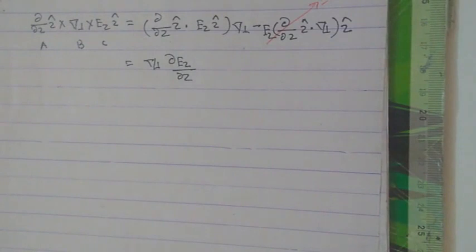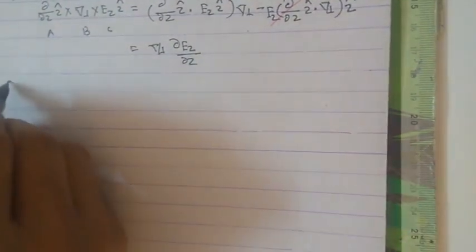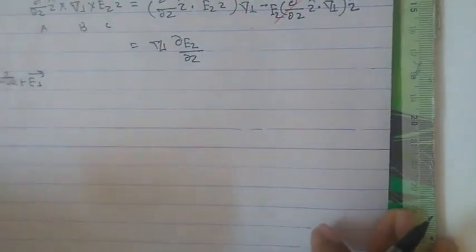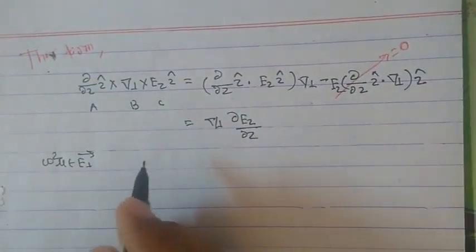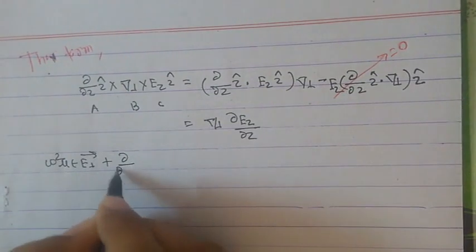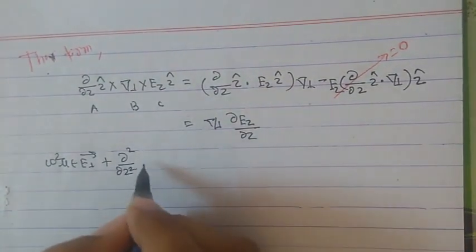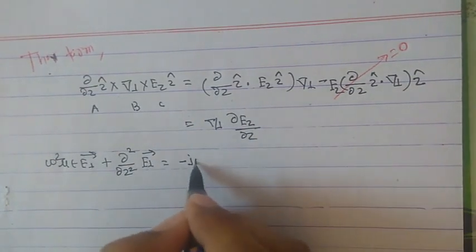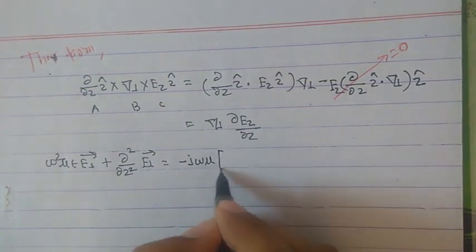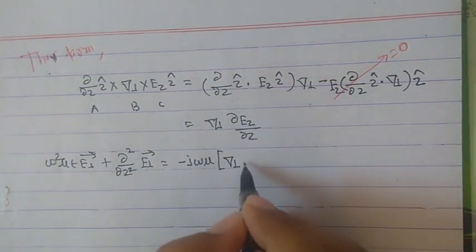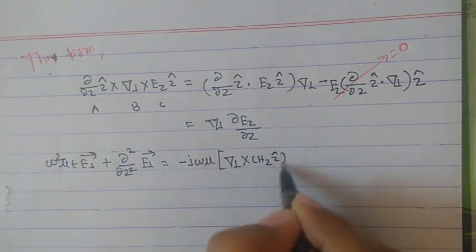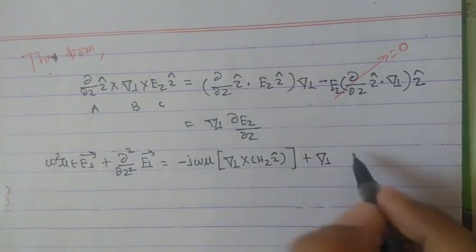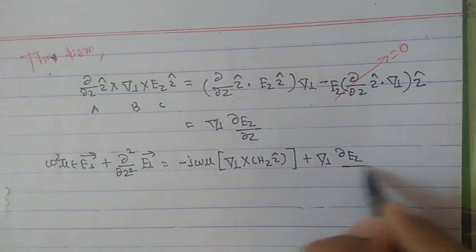So what it becomes, we get omega square mu epsilon E transverse plus del square by del z square E transverse equal to minus j omega mu del transverse cross Hz z plus del transverse del Ez by del z.